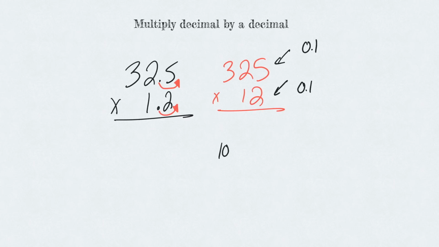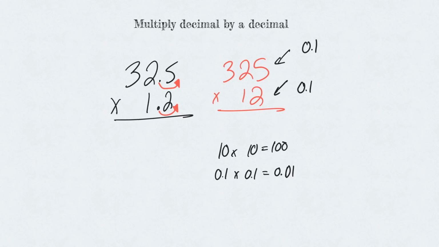Now we know that 10 times 10 equals 100. We also know that 1/10 times 1/10 equals 1/100th. So whenever we get our product, we're going to have to make it 100 times smaller, 100th of the value here.